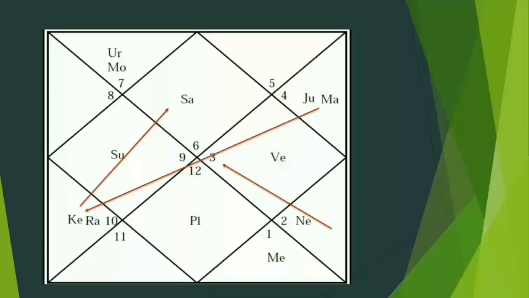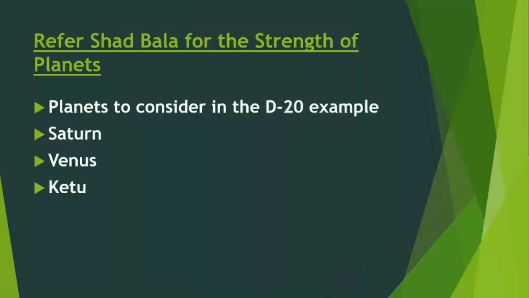Now Ketu is in the 5th house, which is aspected by the exalted Jupiter, which amplifies the devotion, or you can say the bhakti, in the native. Ketu is itself a spiritual planet and is aspected.